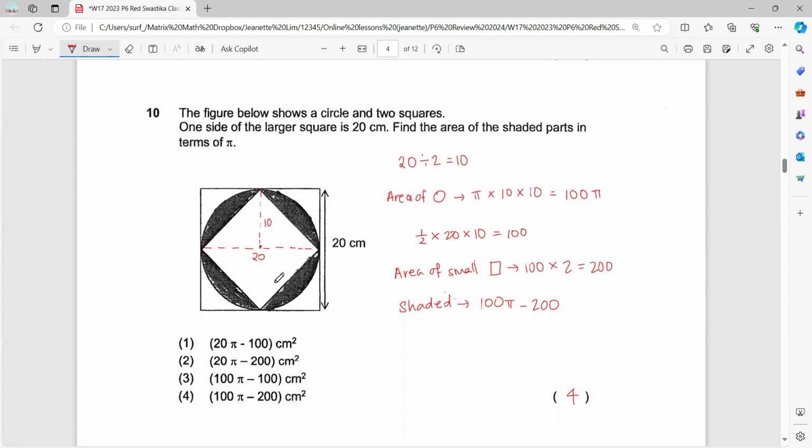So the smaller square has an area that is half the area of the bigger square. That's the other way to find the area of the square.